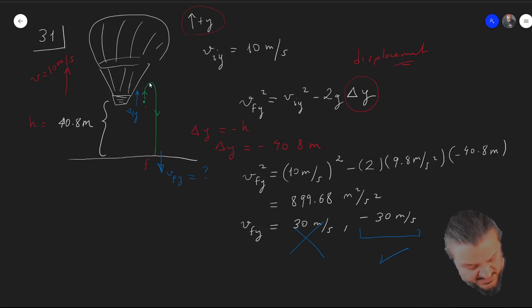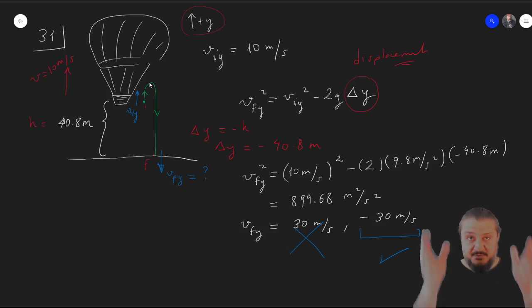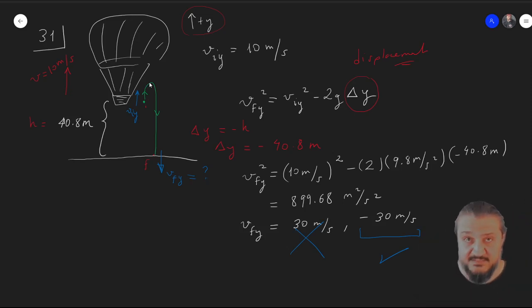But before we speculate on that, let's check the answer, 31, 30 meters per second. I think they go with speed here. Yeah, the speed is 30, of course, because speed is the absolute value of instantaneous velocity. Speed is positive, and velocity is negative.